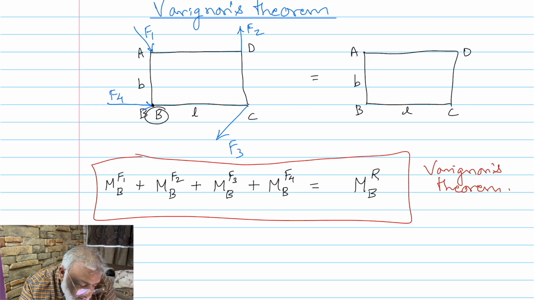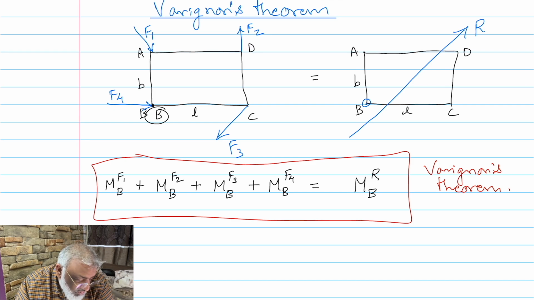Say the resultant is like this, going like this. You find out the moment of this resultant about point B. That one moment of this resultant about B will be equal to the summation of moments of all the forces. This is called Varignon's theorem.